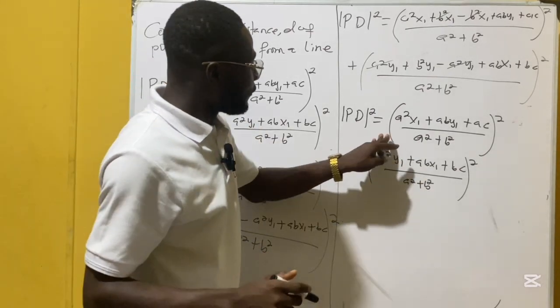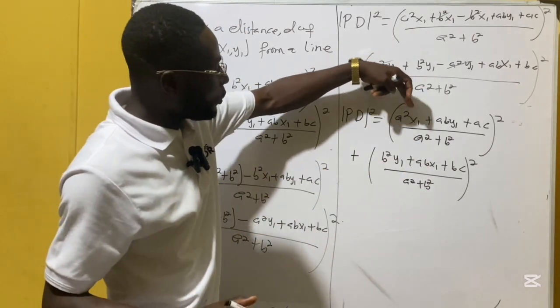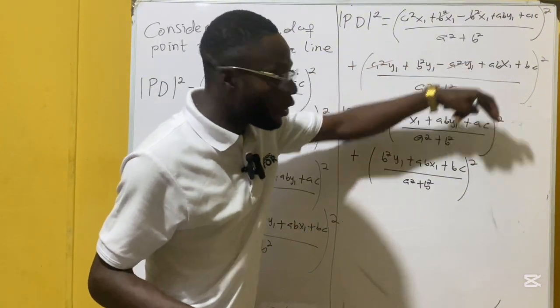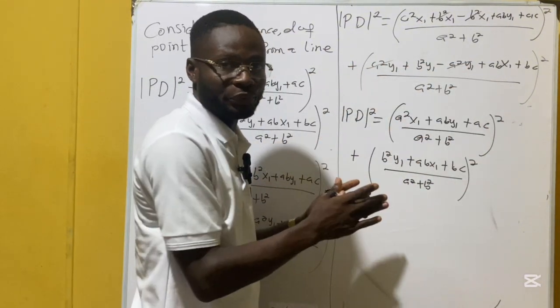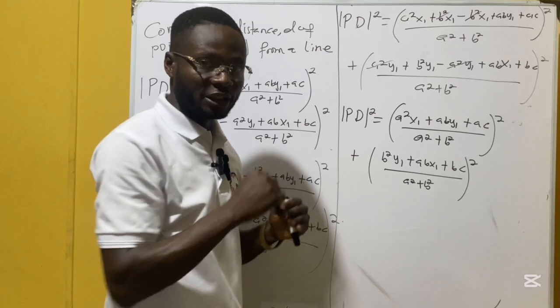So from here, we can say that because this is all squared, we can separate the numerator from the denominator, right?